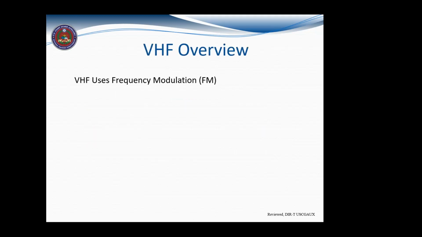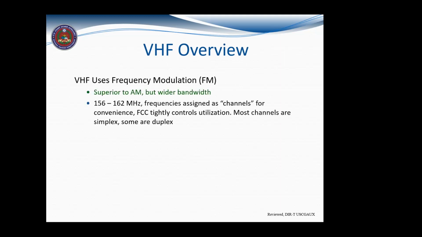Now the VHF uses frequency modulation. It gives a cleaner signal than AM, but it takes a wider bandwidth to transmit the information. The band is broken down into channels.